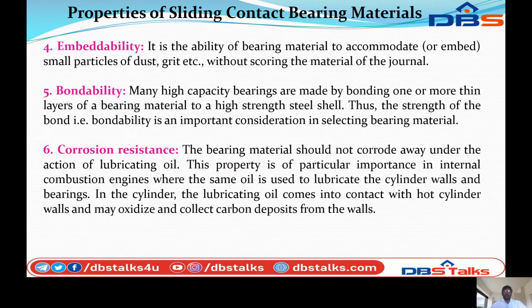In the cylinder, the lubricating oil comes into contact with the hot cylinder valve and may oxidize and collect carbon deposits from the valves. This is corrosion resistance. The bearing metal should not corrode away from the action of lubricating oil.